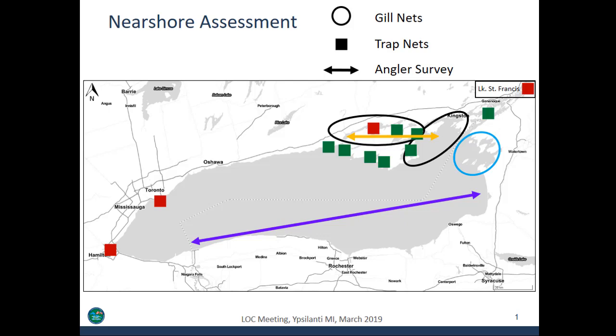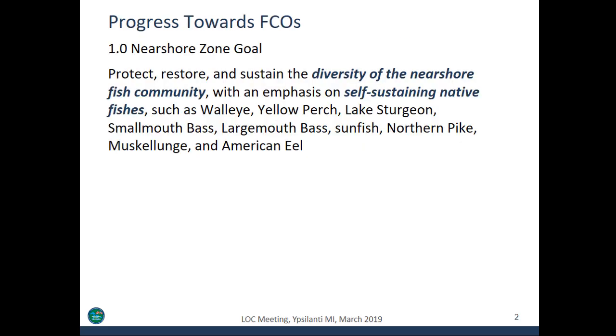The purple arrow is the New York Open Water Fisheries Survey in the western part of the lake. It does not extend into the Eastern Basin. The yellow arrow is the Bay of Quinte Angler Survey, which has a fairly long history and more recently has extended out into Kingston Basin in Eastern Lake Ontario seasonally, in the fall.